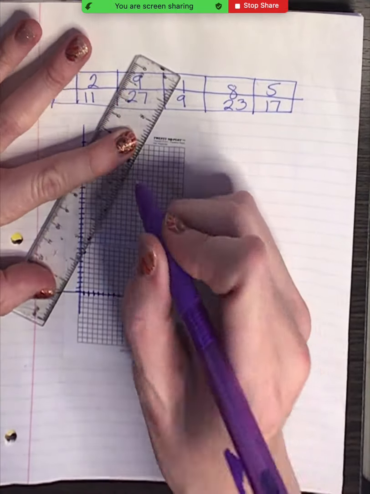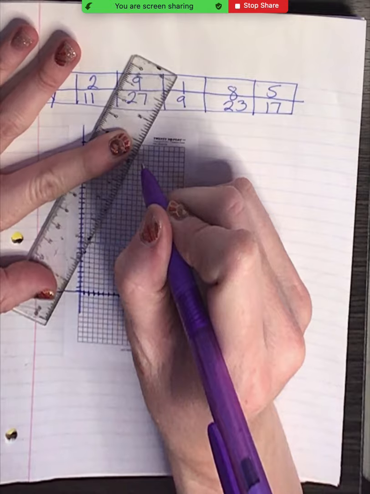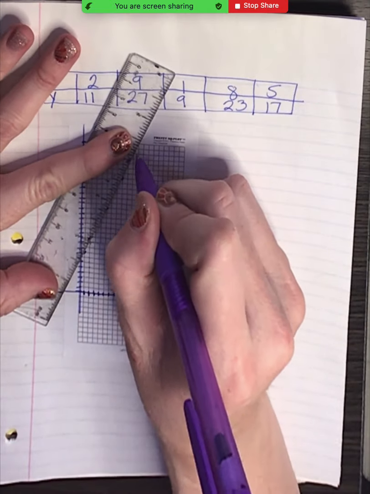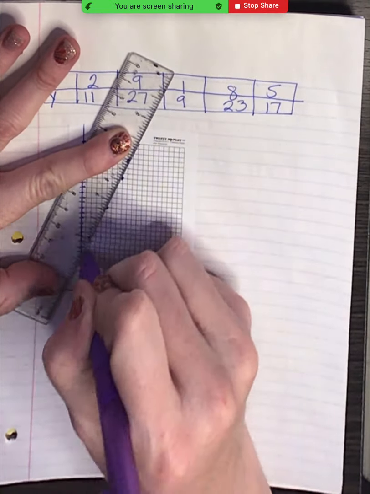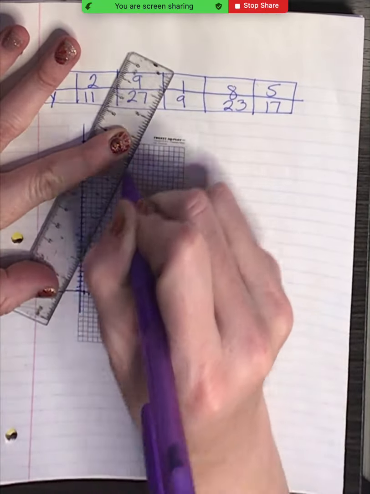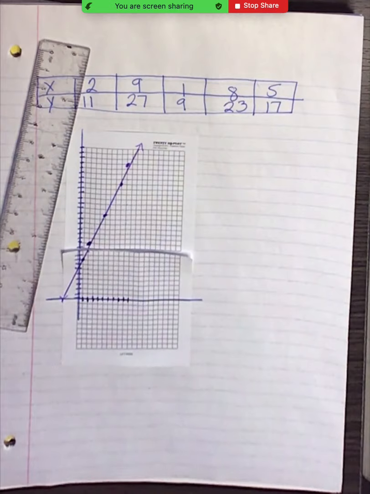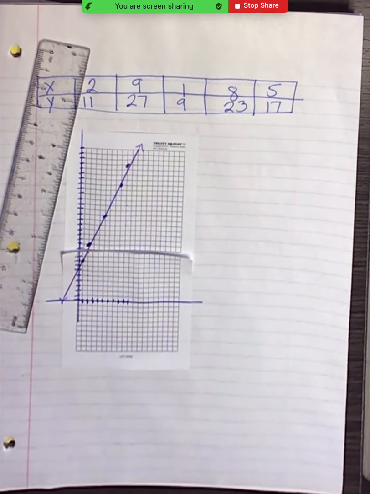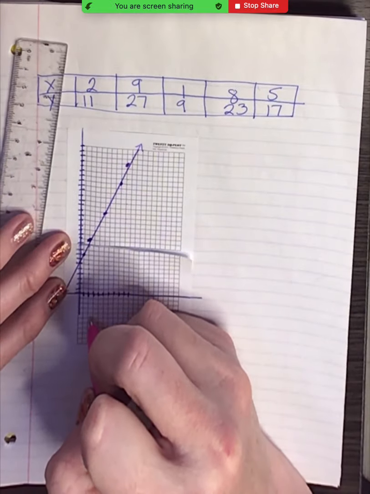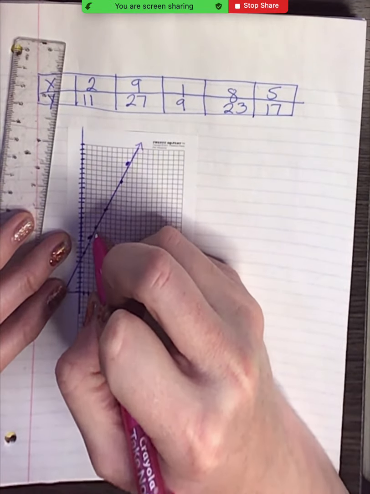Looks kind of good. About here. Okay, so this is what I would consider a best fit line. From there, you need to find 2 points on your line. So I'm going to use, it looks like here, we'll use this one.